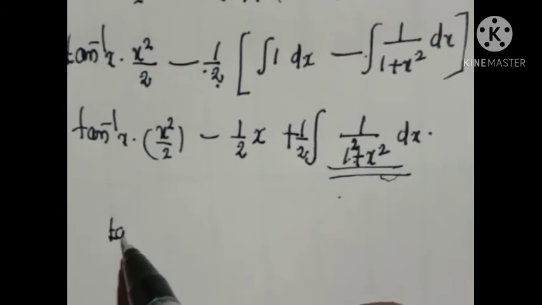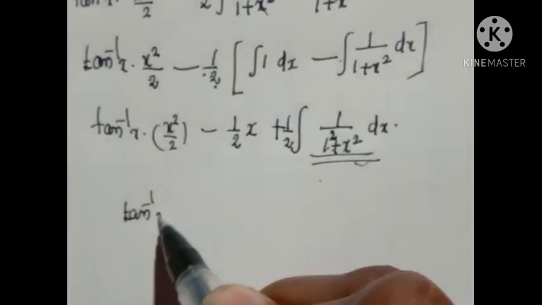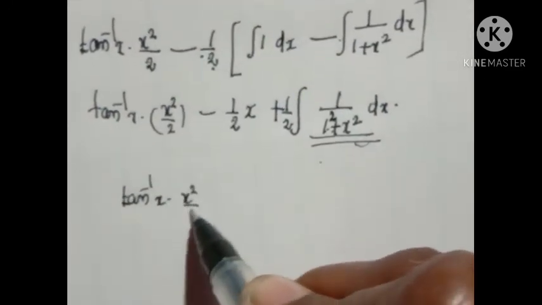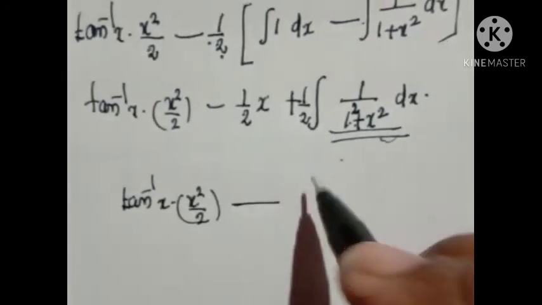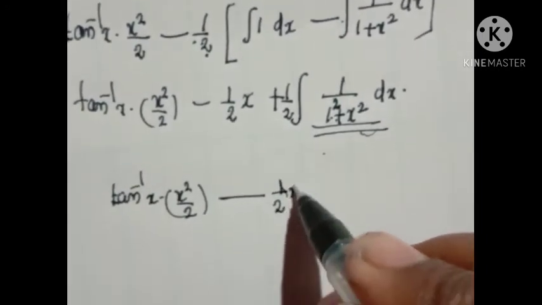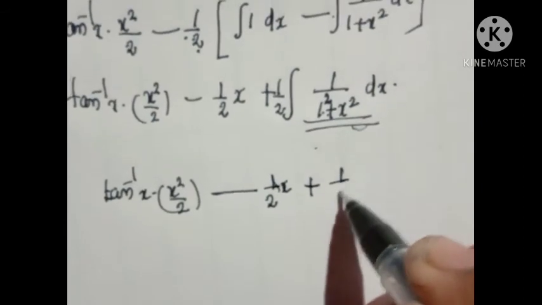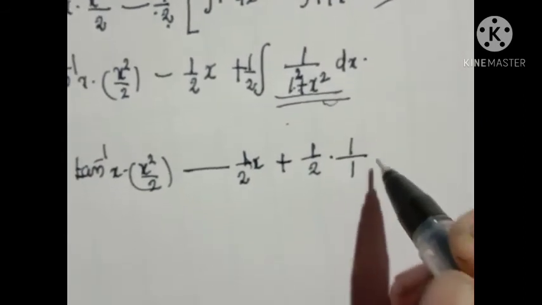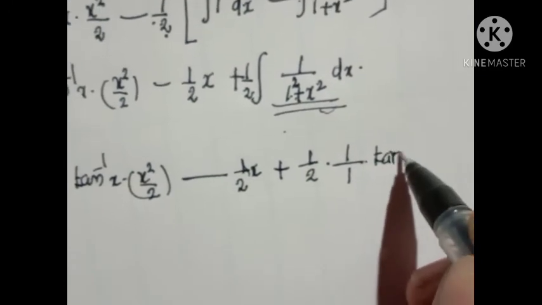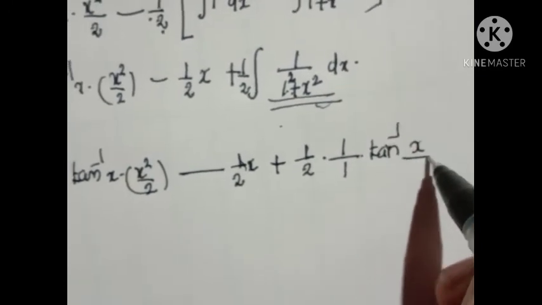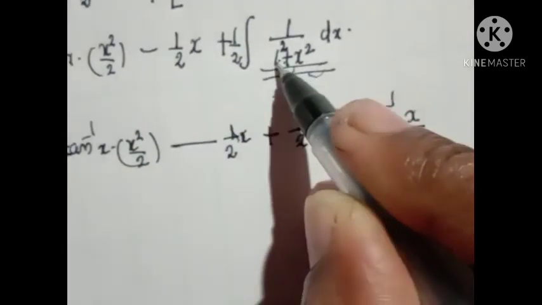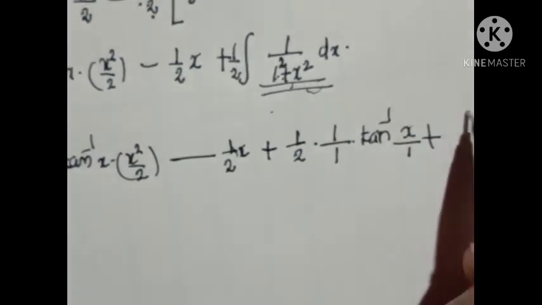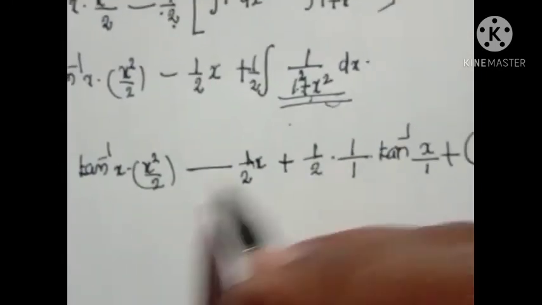So this can be written as tan⁻¹x times x²/2 minus 1/2 into x plus 1/2 into, listen, 1/a, that is 1, into tan⁻¹(x/a). A means constant, here the constant is 1, plus c, the integration constant.